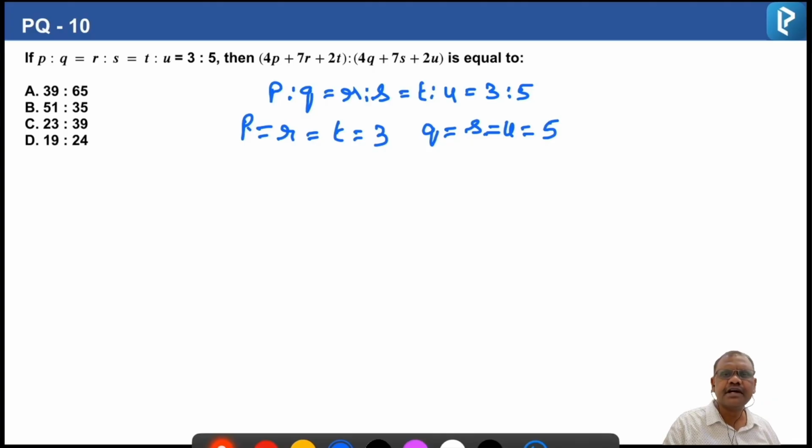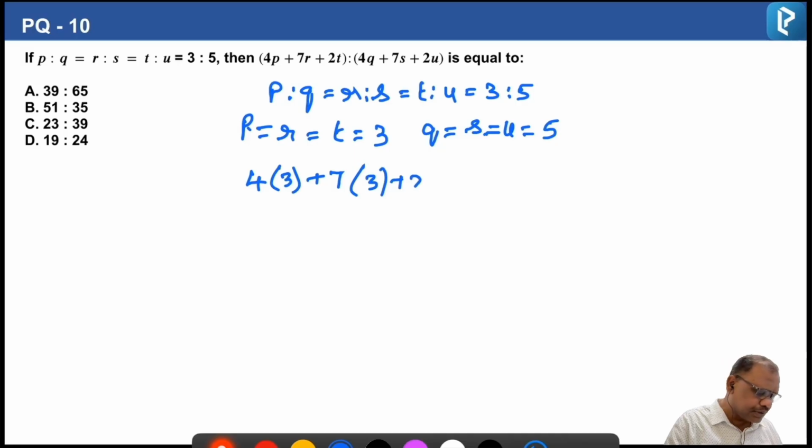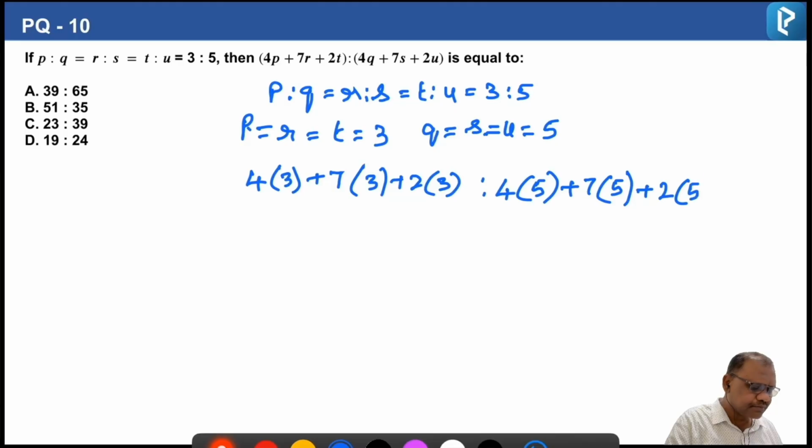Simply substitute these values in the required expression. For P, P value is 3. 7R, R value is also 3. 2T, T value is also 3. Now for Q, Q is 5. 7S, S is also 5. 2U, U is also 5.